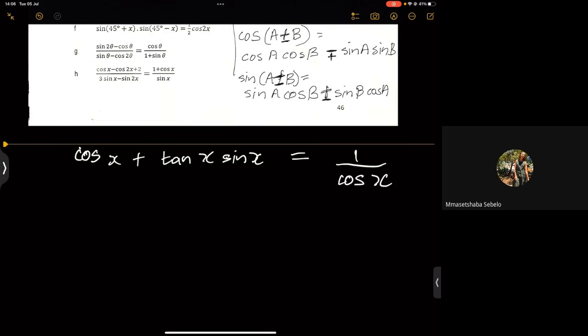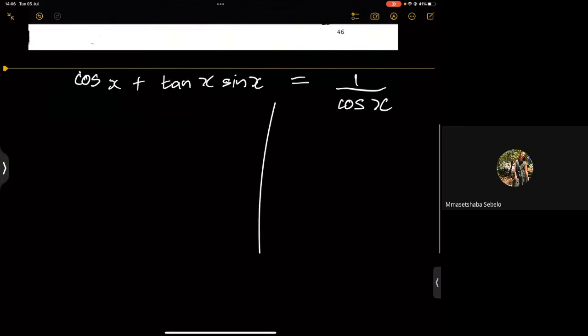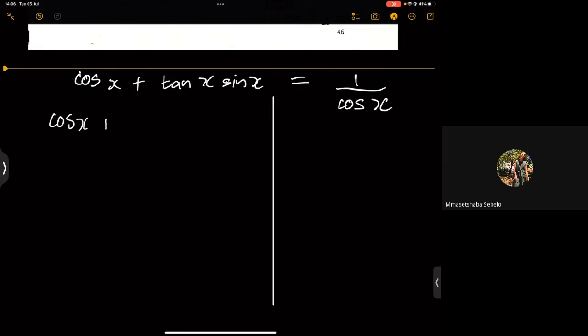So I'm going to work with the left-hand side. Now, on the left-hand side, we've got cos of x plus, I see there I've got tan x. So let's resolve that into sine x over cos x times sine x.